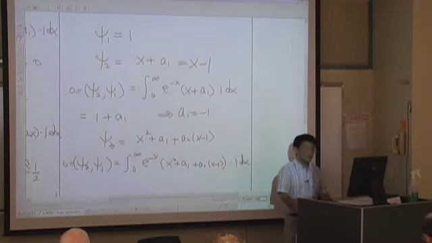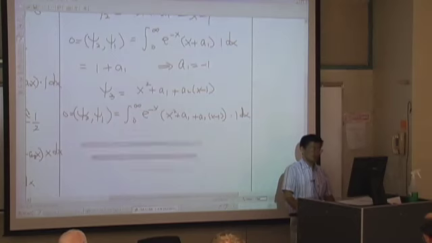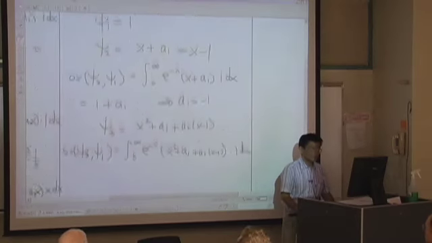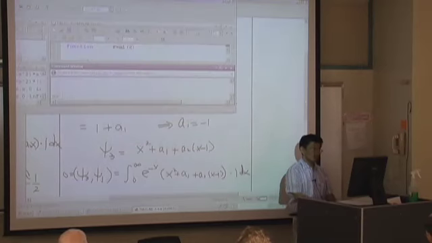Then let's do the integral of each individual term. The first integral, of the exponential function times x squared, should be equal to 2. The first integral is 2.